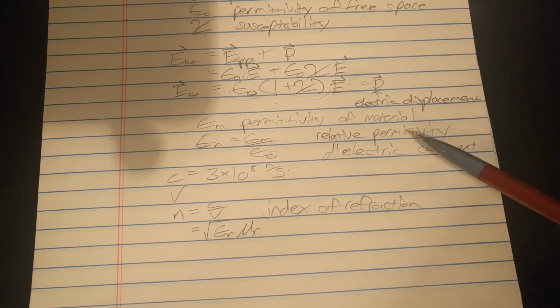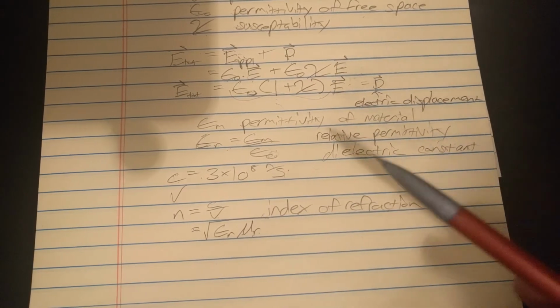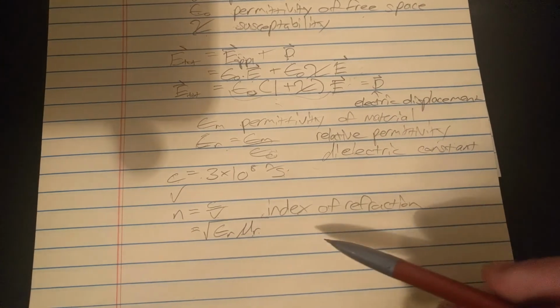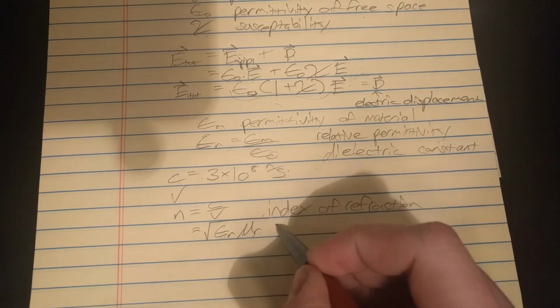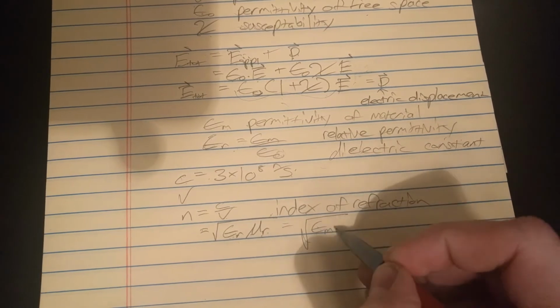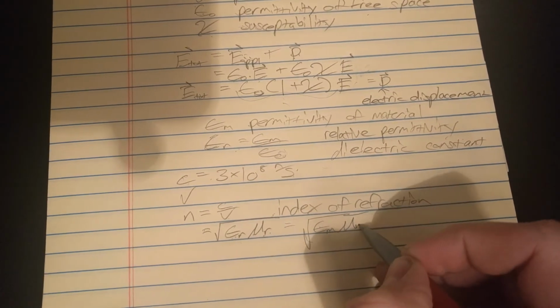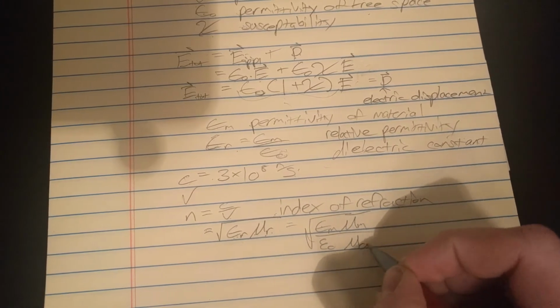It's always hard to distinguish: permittivity means electric, permeability means magnetic. And you can rewrite this as the square root of the permittivity of the material, same thing with the magnetic part, over those things in free space.